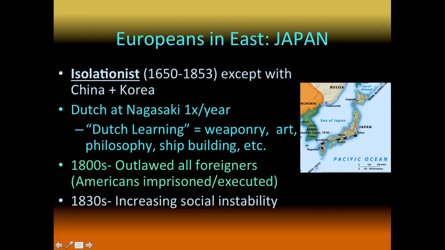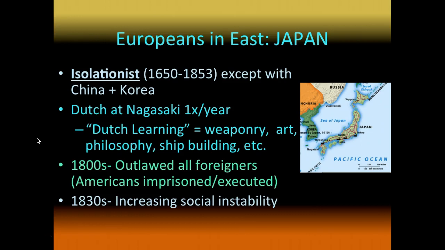So Nagasaki was that port. It was not even a factory, it was just a port where only the Dutch were allowed to trade. And this was in part because the Dutch were Protestant and did not proselytize. They did not preach or try to convert the Japanese people, but more so because of what was called Dutch learning.